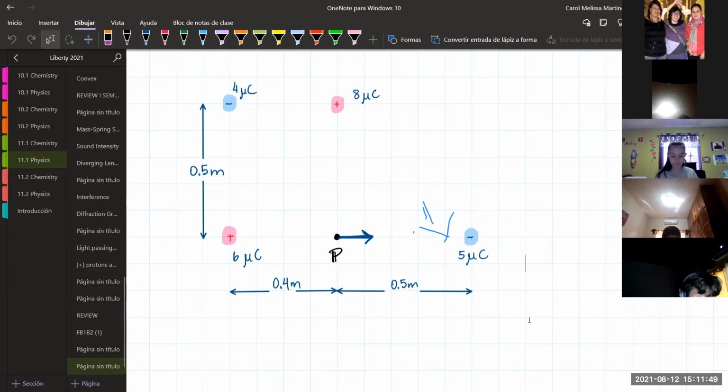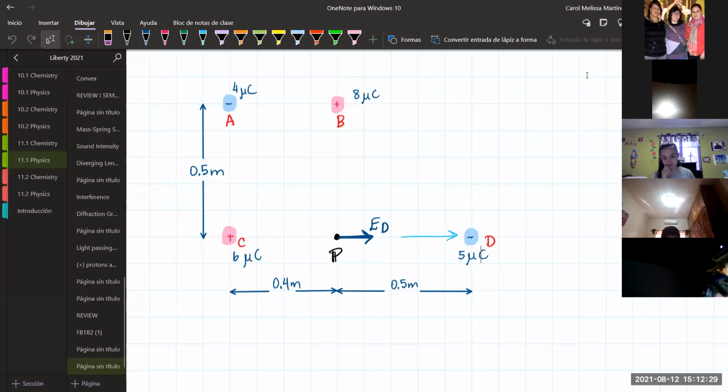I'm going to call each particle with a letter: A, B, C, and D. So this is going to be my electric field due to the charge D. It goes in this direction because remember that it goes inward. Now I will analyze this one right here.